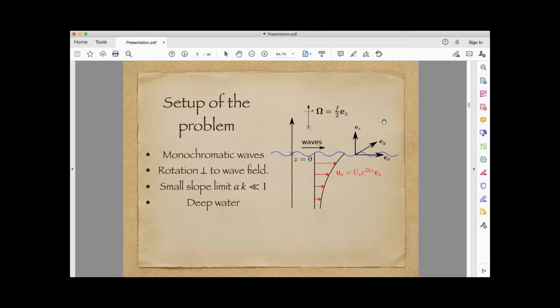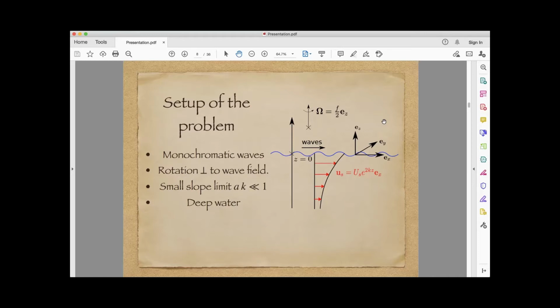So what it means is that a typical vertical length scale is at least of the order of the wavelength of the system. The wavelength is the wavelength of the surface waves, and if your depth is a few times the wavelength of the surface waves, we call it a deep water limit. So we just say that there's no bottom boundary effect. So this is the setup of the problem. These are some simplifications that we took.